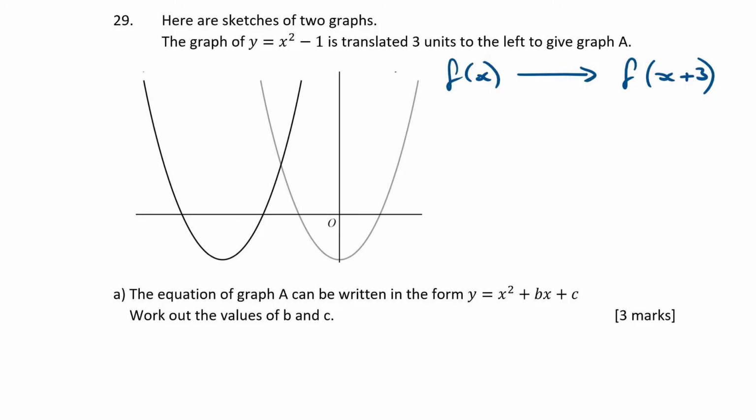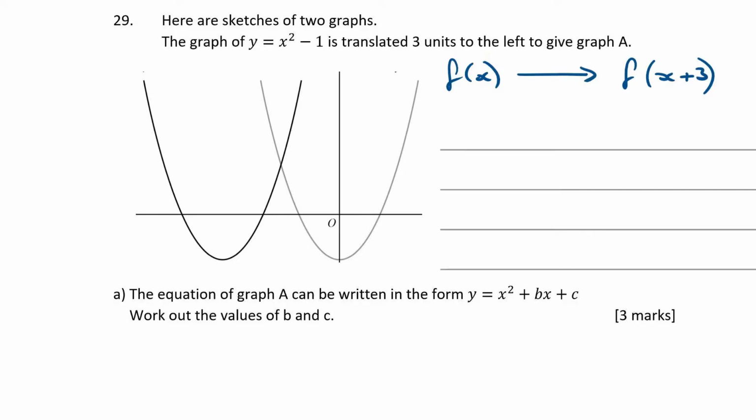So in the equation y equals x squared minus 1, I'm now going to have y equals x plus 3 all squared minus 1. So where I see x, I'm going to write x plus 3 for my translation of 3 units to the left. And the rest is the same. So x squared minus 1 becomes x plus 3 all squared minus 1.